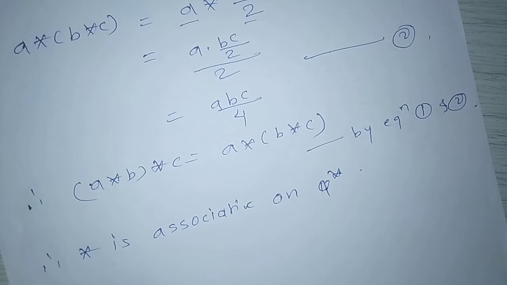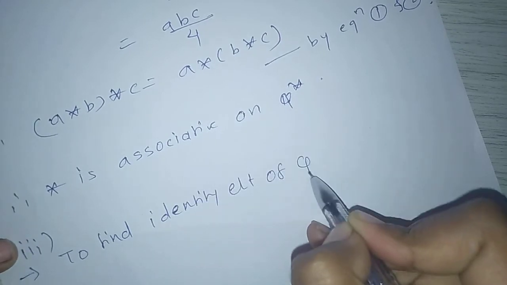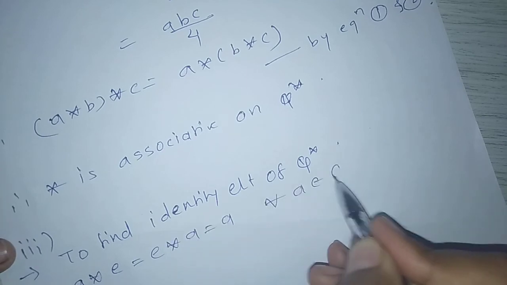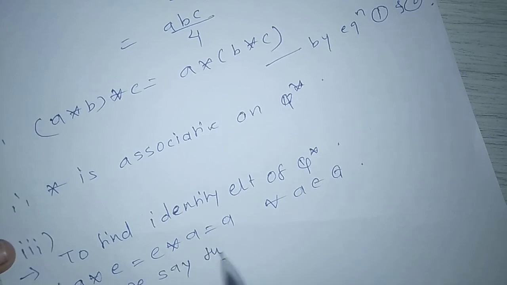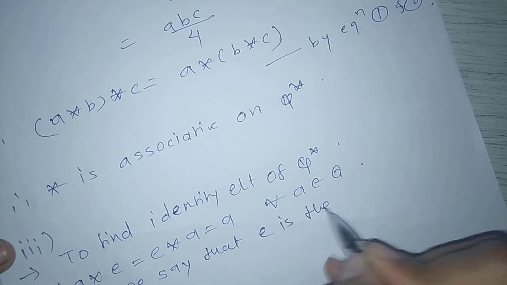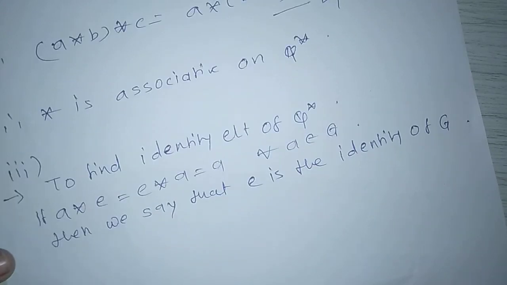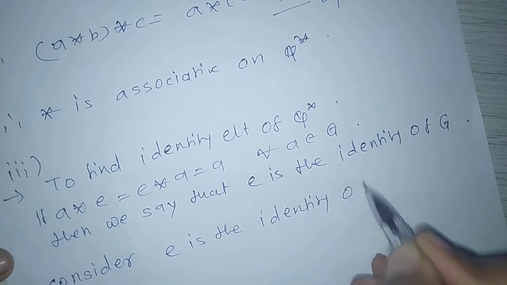To find the identity element of Q star, we know that if A star E equal to E star A equal to A for all A belonging to G, then we say that E is the identity of G. Consider E is the identity of Q star.